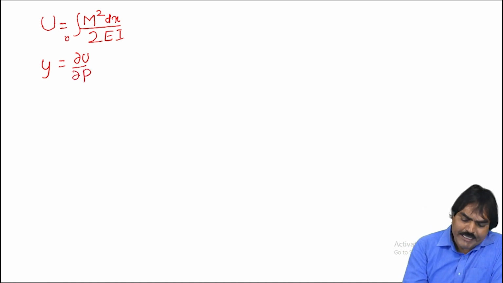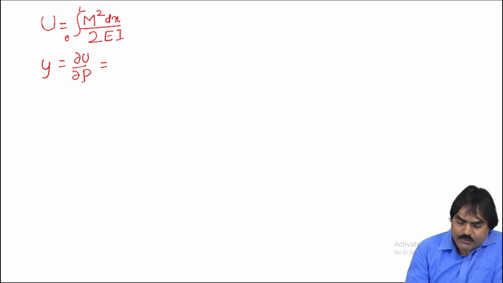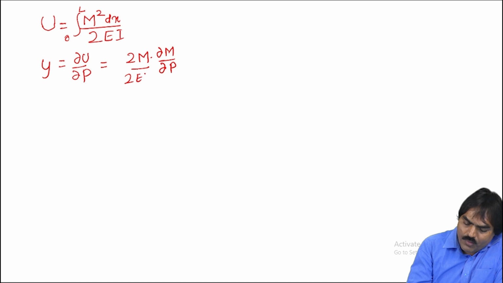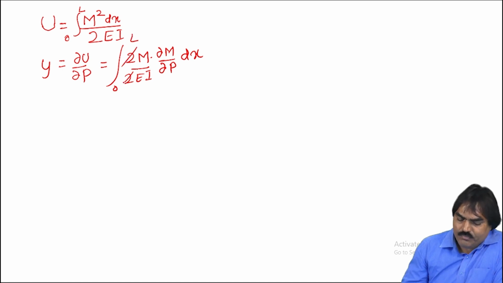We can express this in a different style also. Differentiate the energy with respect to the load. That becomes 2M into dou M by dou P by 2 EI into dx, integration 0 to L. 2 gets cancelled.